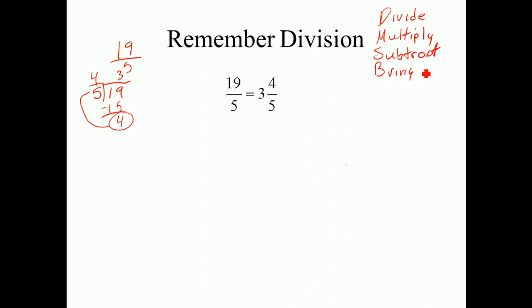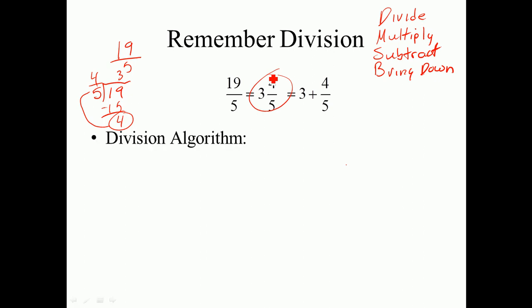So those are the steps we usually follow when we're doing long division. Now, what I want to show you is that this 3 4/5 right here can also be written as 3 plus 4/5. That's what "and" means in mathematics. So that's how we did that.